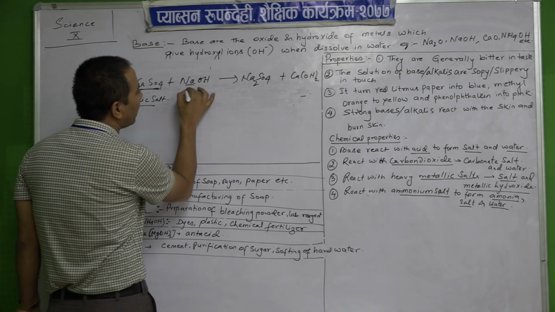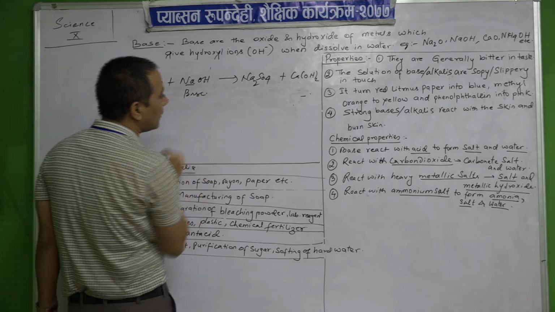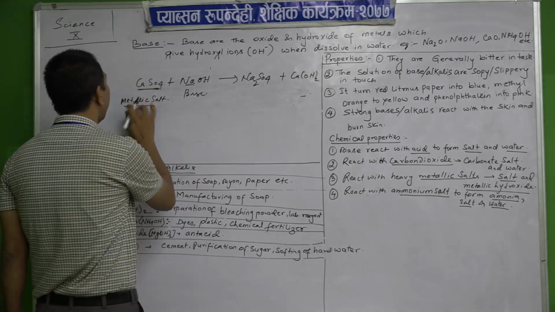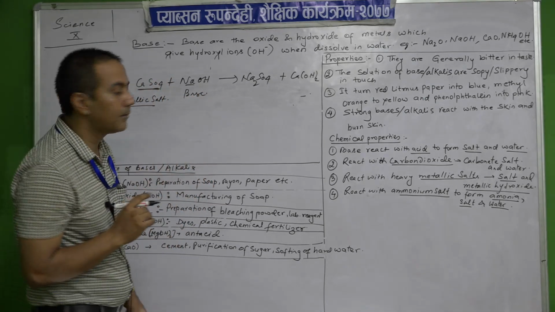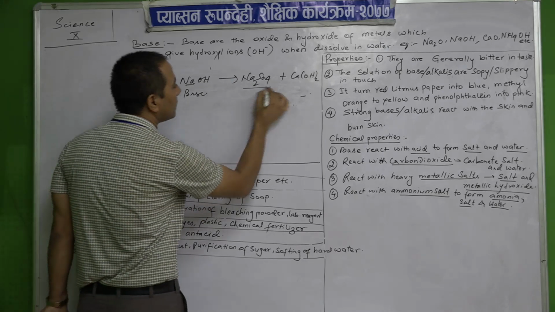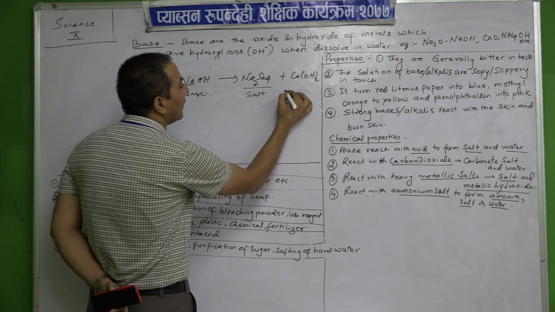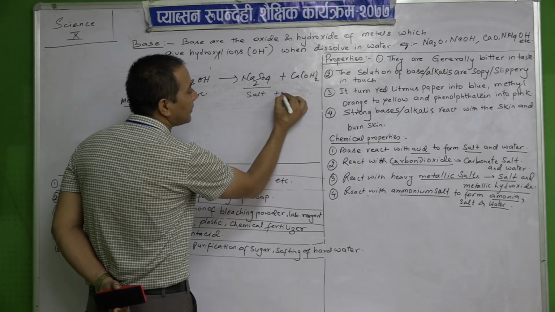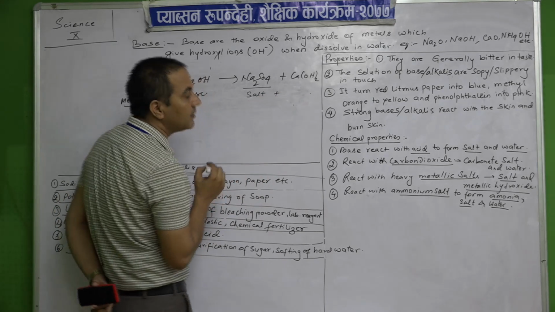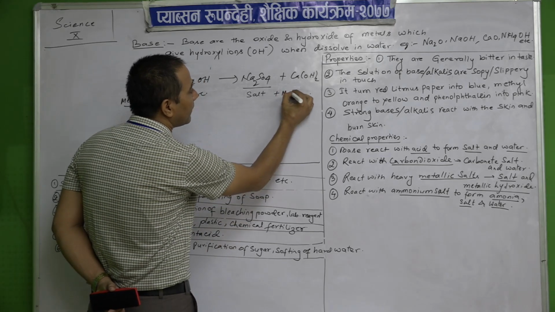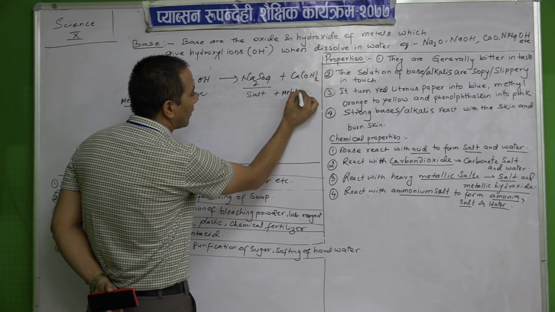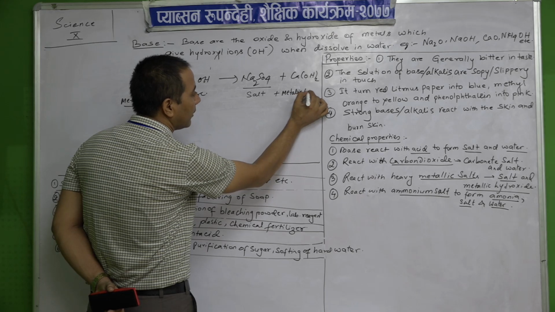When it reacts with a base, then what happens? When a metallic salt reacts with a base, it produces sodium sulfate, which is a salt, and calcium hydroxide, which is the metallic hydroxide.